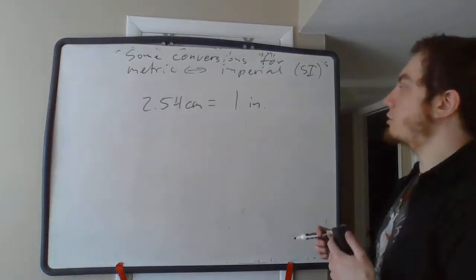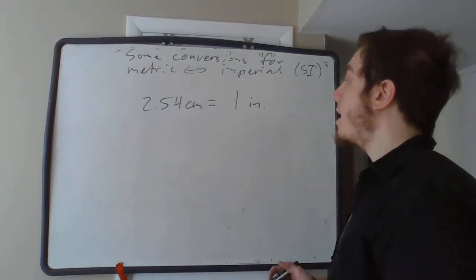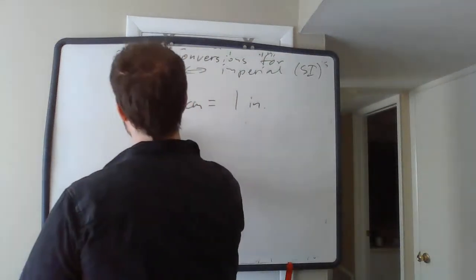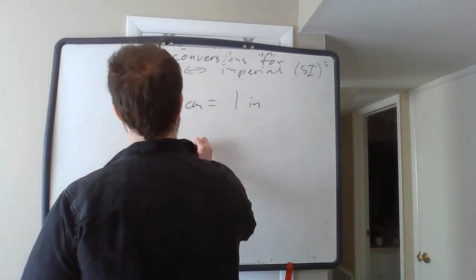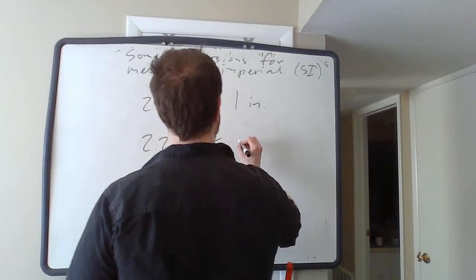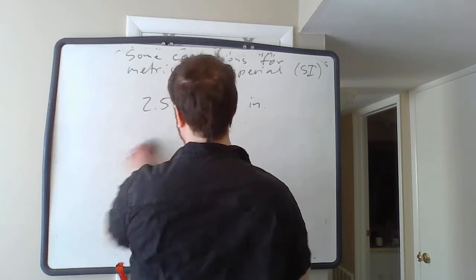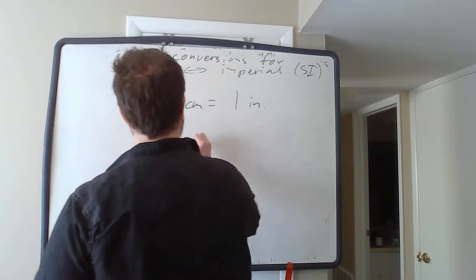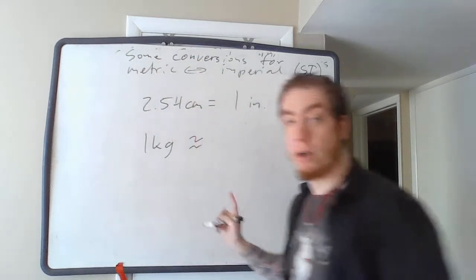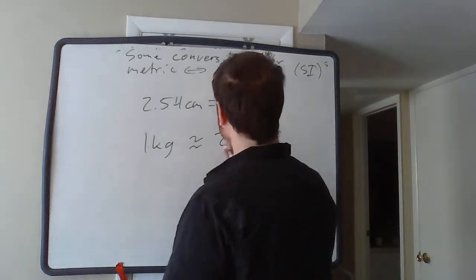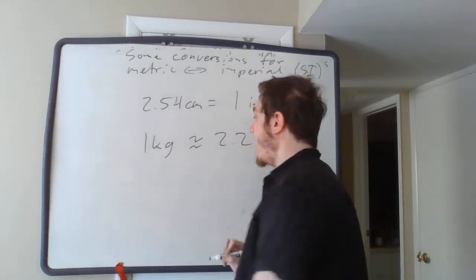Another conversion ratio that it's a good idea to memorize is this one. 1 kilogram, I apologize, 1 kilogram is approximately equal to 2.2 pounds.